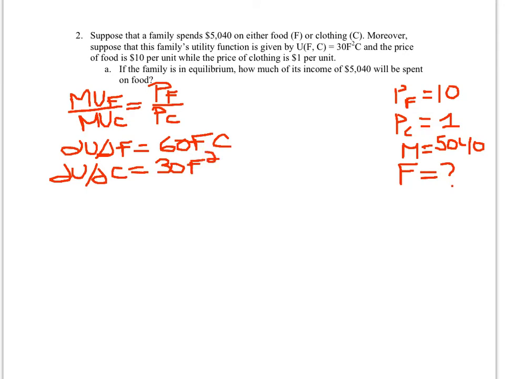Put one on top of each other, 60FC over 30F squared. We end up with, so that's going to be equal to 2C over F. All right.